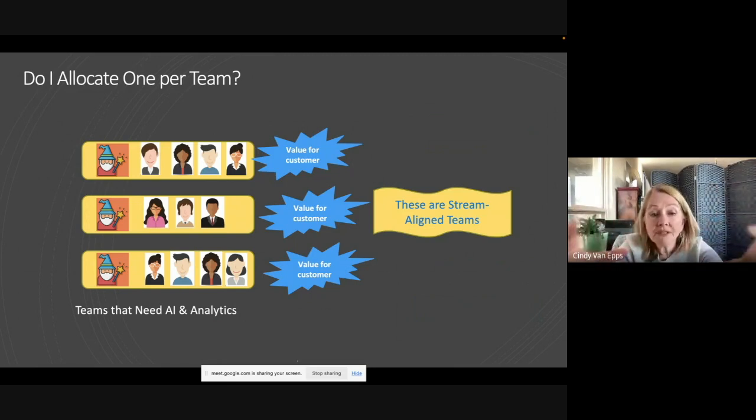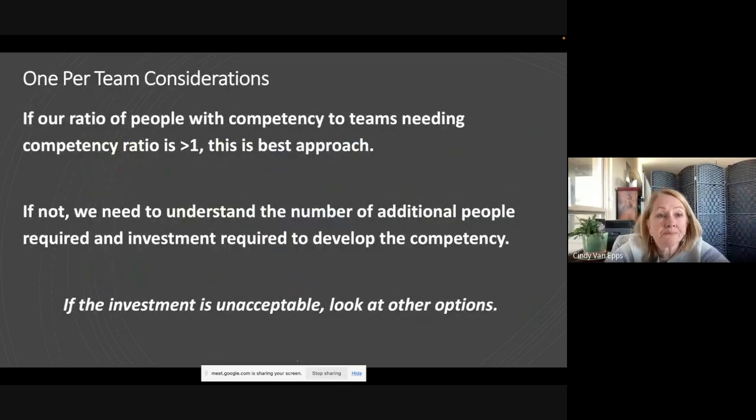That is the hypothesis around this. And if I had all those skills, that would be great. So, if our ratio of people with the competency to the teams needing the competency is greater than 1, yeah, it's the best approach.